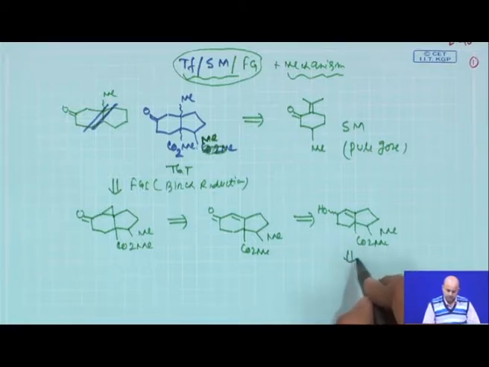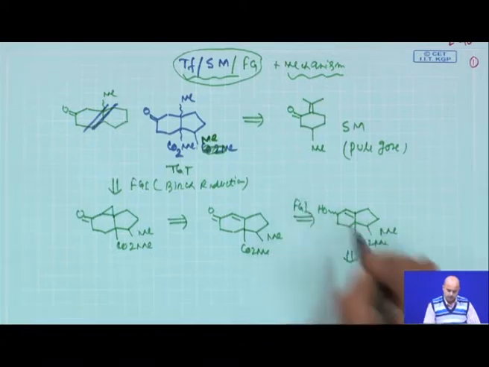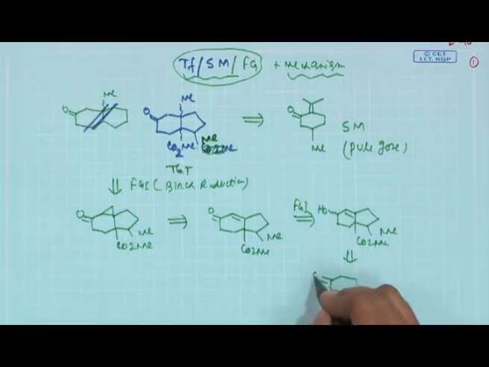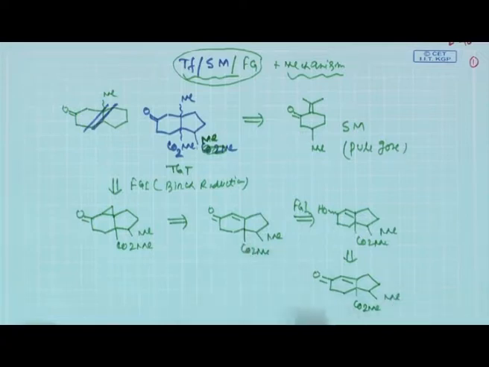Now, for the alpha beta unsaturated ketone, we can simply do a disconnection based on a known reaction, which is our Luche kind of reduction, and then this Luche reduction will basically give the same intermediate. Okay.